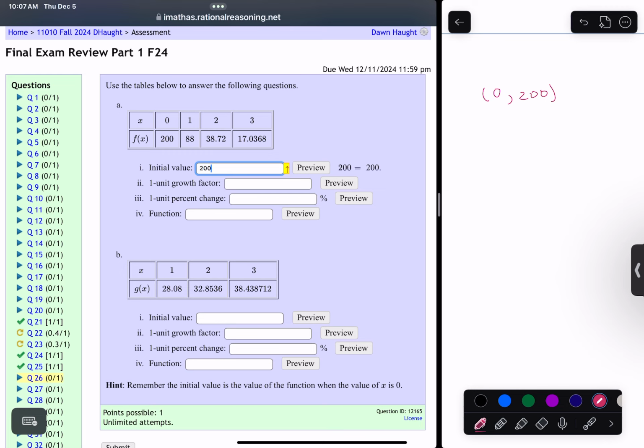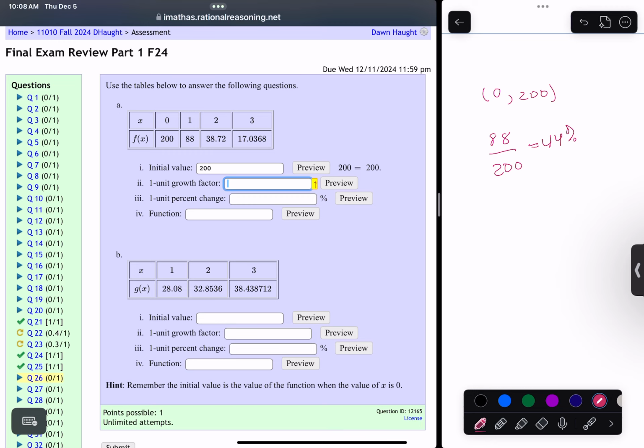Now the 1 unit growth factor, you'll notice, see how it went down. So let's take 88 divided by 200. And let's see what happens. So 88 divided by 200 is 44%.